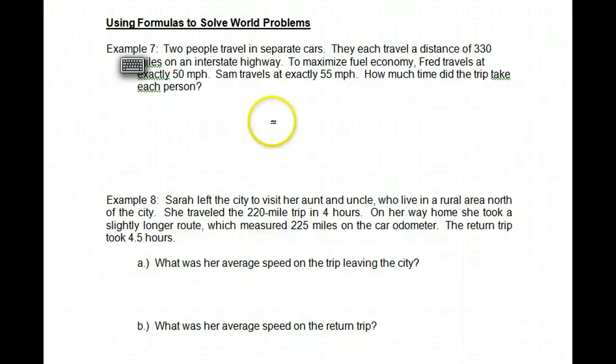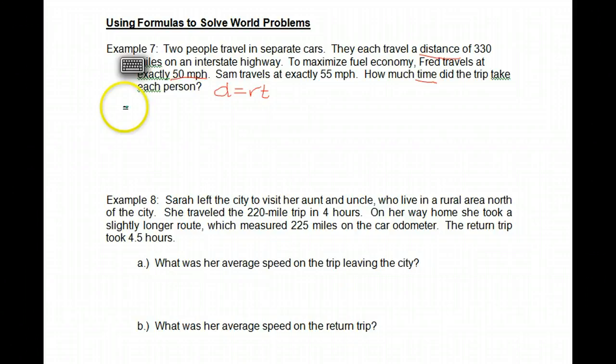So what we want to do first here is think about what formula we want to use. Since we're talking about distance, speed, and time, we do want to use the distance formula, which is d equals rt.